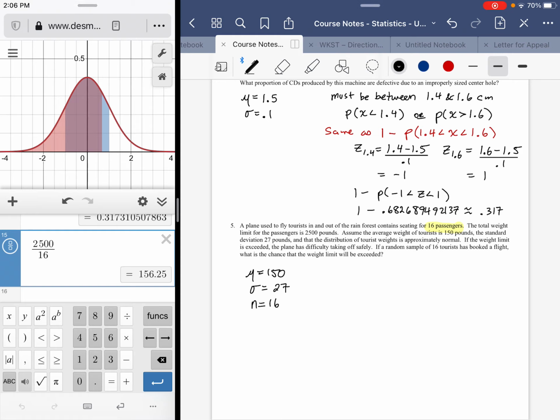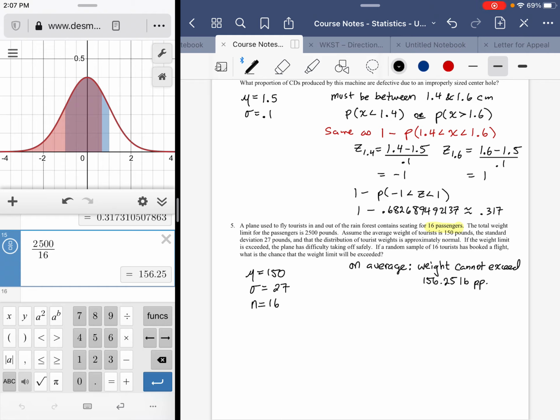So on average, weight cannot exceed 156.25 pounds per person. We could use that piece of information, and that accounts for the n.